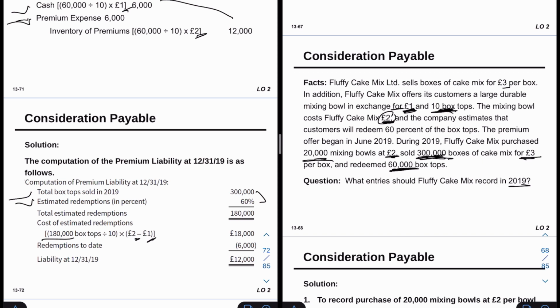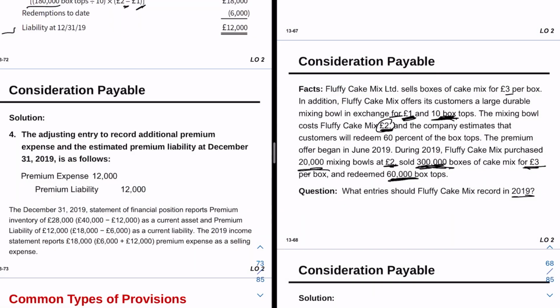This is the premium expense, how much we are going to lose. If you deduct from it what was already redeemed, you're going to have a liability at 2019. And this is only for 6 months. And this is how we will make the transaction. We will debit premium expense 12,000 and credit premium liability.